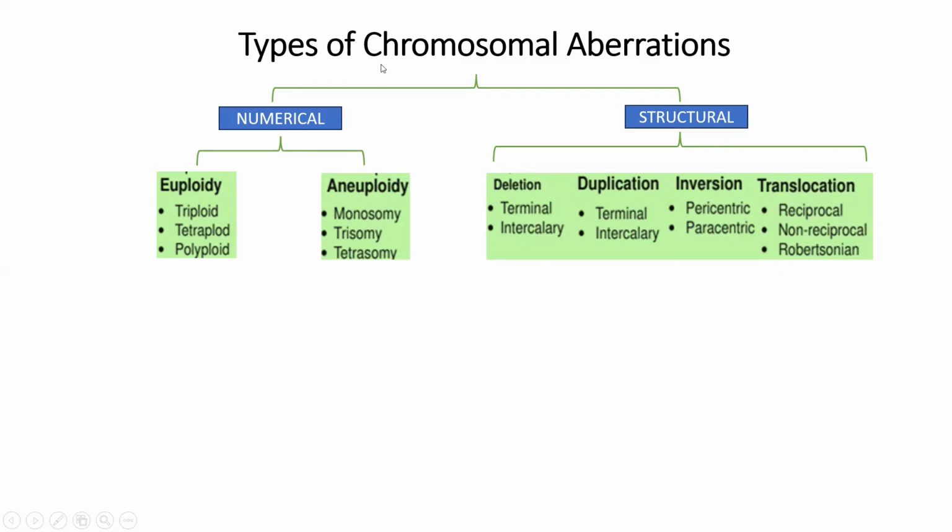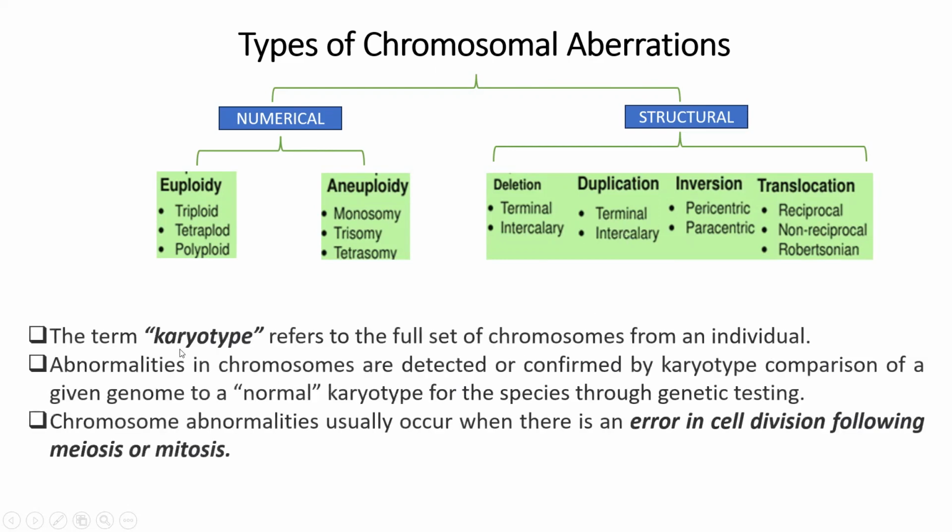So, how will you identify a chromosomal aberration? For that purpose, there is a term called karyotype. It refers to the set of chromosomes from an individual. So, from an individual, a full set of chromosomes is called the karyotype. Abnormality can be identified by comparing the karyotype of a given genome to a normal karyotype of a species through genetic testing.